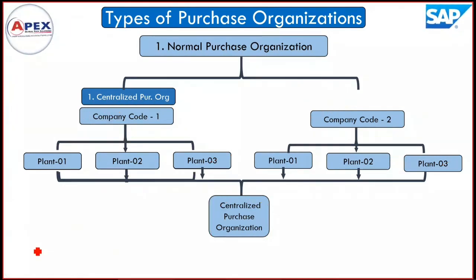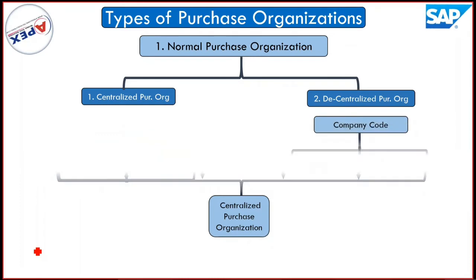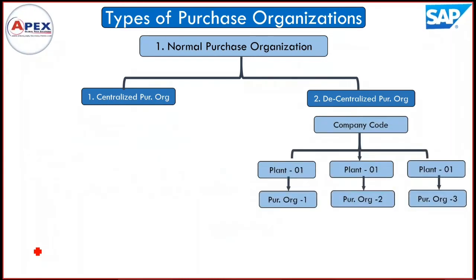In an interview, they may ask you what is centralized purchase organization. You have to say that we can maintain one purchase organization for multiple plants, and all the activities of the plants will be connected with only one purchase organization. Next, we'll see decentralized.